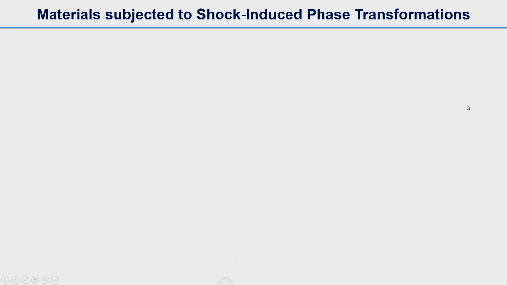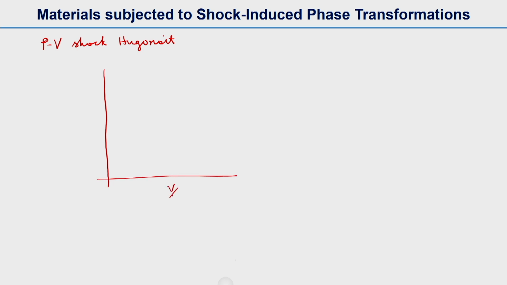We can also see a pressure-volume shock Hugoniot for iron. So you have specific volume here, pressure in gigapascal.